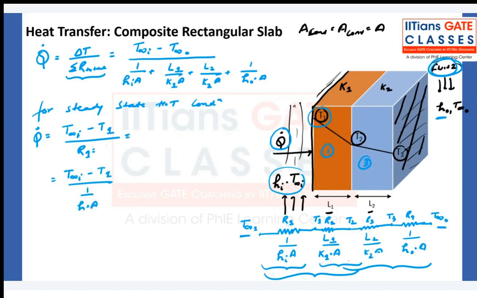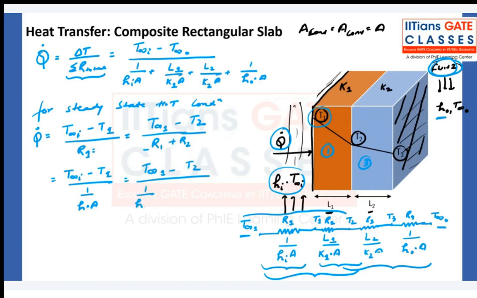For example, let's say you are taking T infinity 1 minus T2. Two resistances you are taking. You are taking your thermal circuit from here to here. Then you have to add the R1 plus R2. So whatever temperature you are taking, so 1 upon h_i A plus L1 upon K1 A.